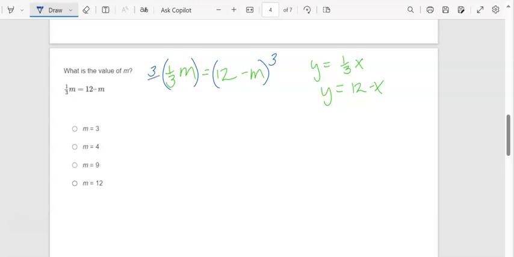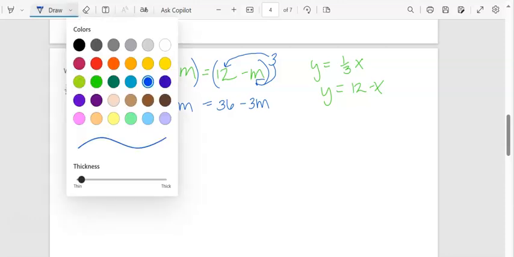And 3 times the 1/3 is just going to leave you m, because this cancels. And on here it's the distributive property, so multiply the 3 times the 12, you get 36, and 3 times the m, you have that minus sign, so it's minus 3m. It gets rid of the fractions. I like to get rid of fractions.